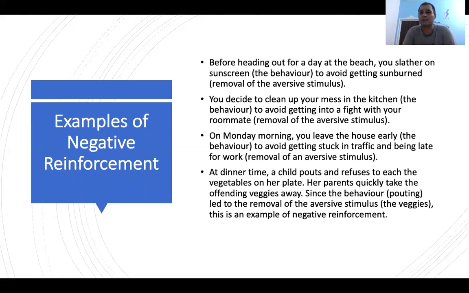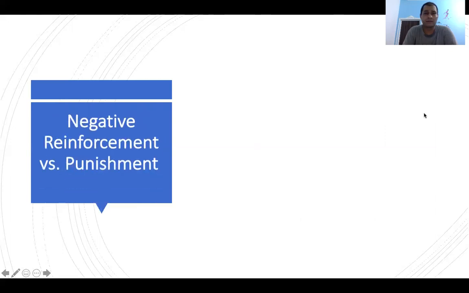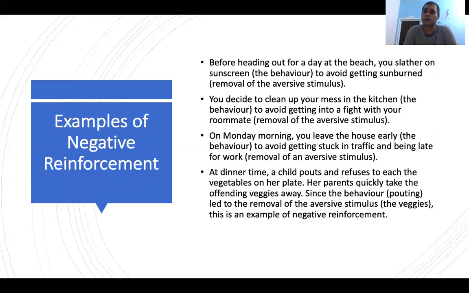The first example is, before heading out for a day at the beach, you lather on sunscreen to avoid getting sunburned. You decide to clean up your mess in the kitchen to avoid getting into a fight with your roommate. Or on Monday morning, you leave the house early to avoid getting stuck in traffic and being late for work.